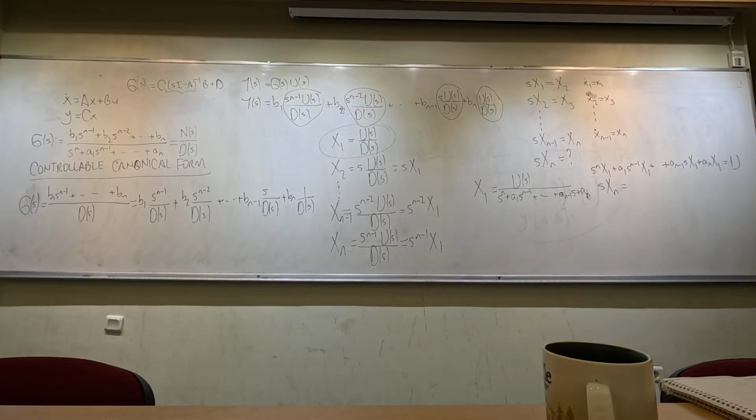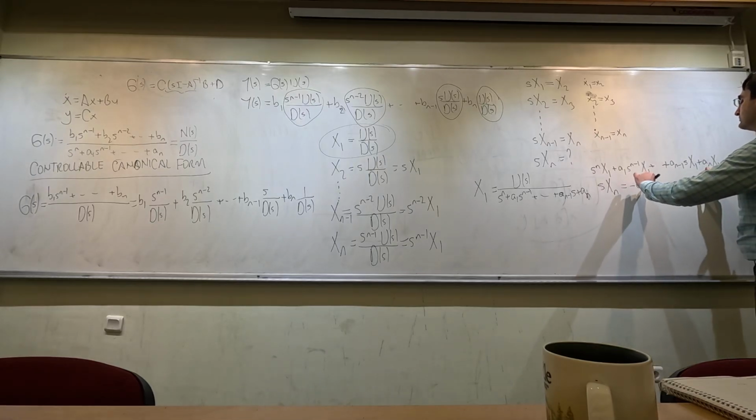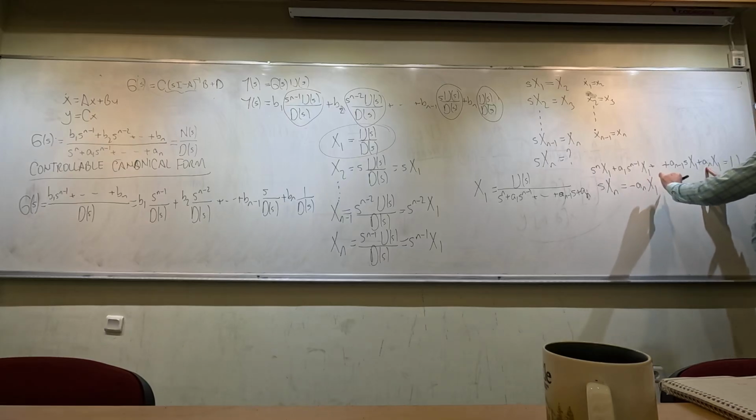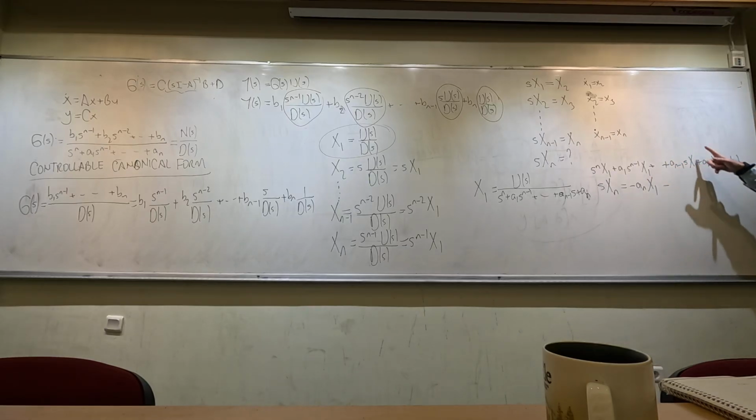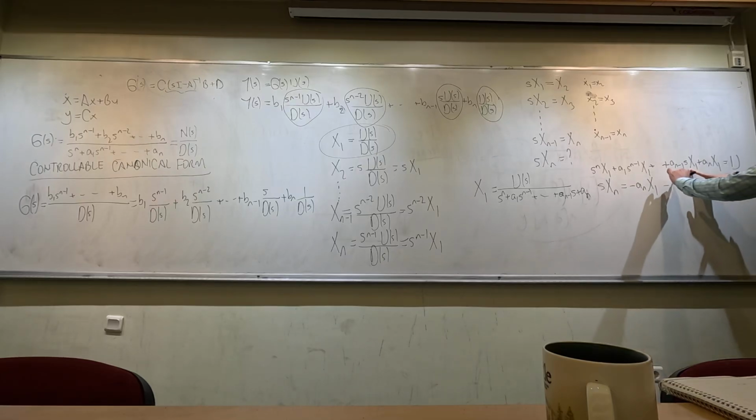Okay? And then I will take these terms to the right one by one. I have here minus an x1. Okay? I will take this term to the right. What is s times x1? It is x2. It is an minus 1 x2. Okay?